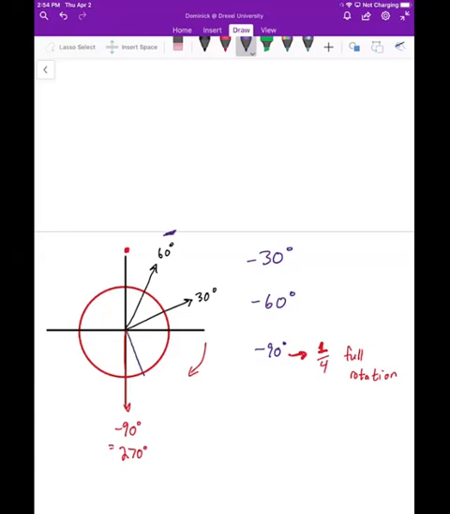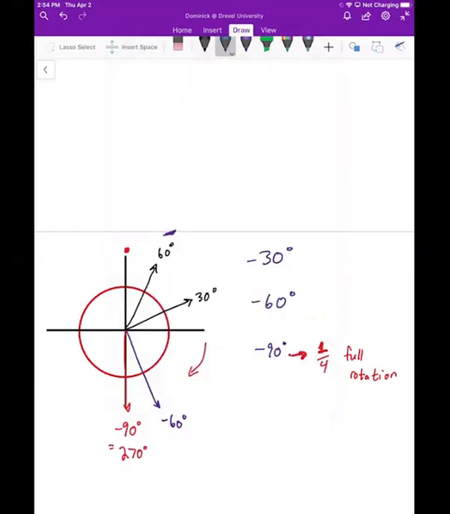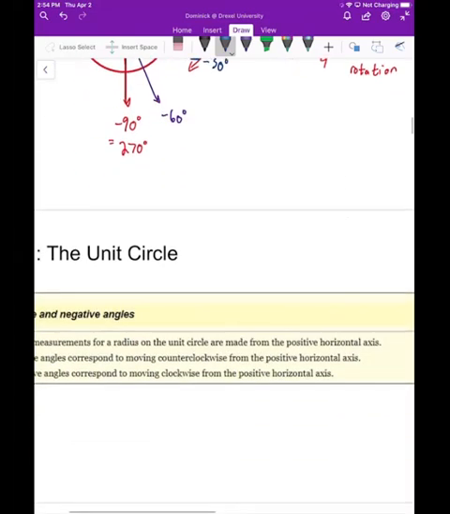So negative 60 would be somewhere about here. Okay, and then similarly, we could say that negative 30 would be about here. All right, so it's just traveling in the opposite direction that you normally would. So that's the idea for those negative angles.